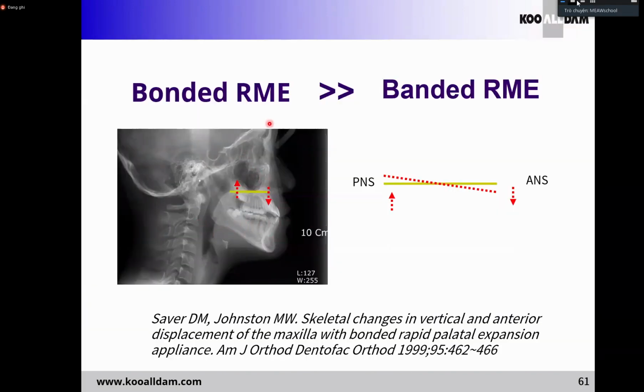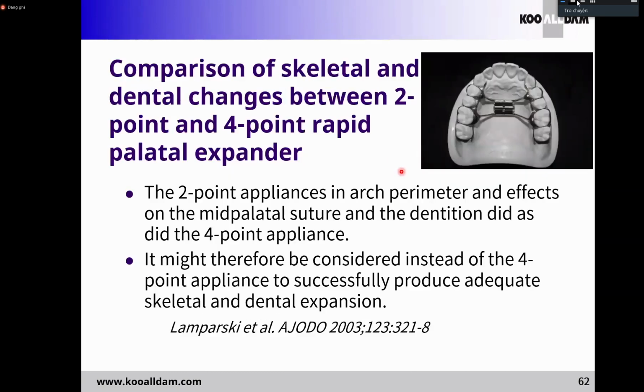The effect of the banded RME is greater intrusion of the posterior part. And also, this is a comparison of skeletal and dental change between 2-point and 4-point rapid palatal expander.